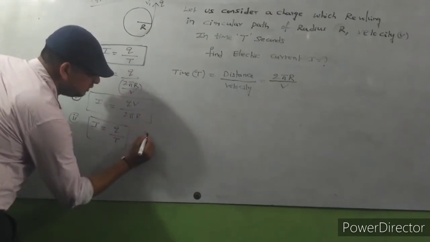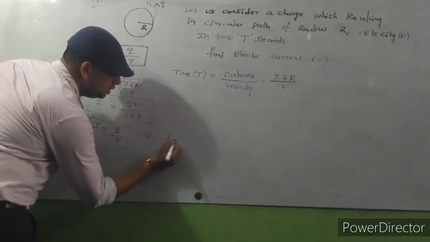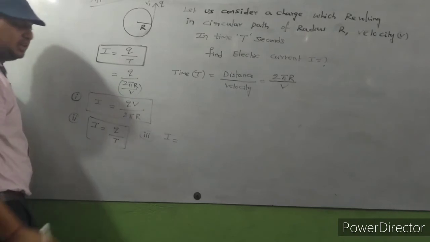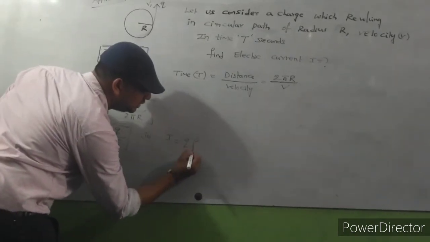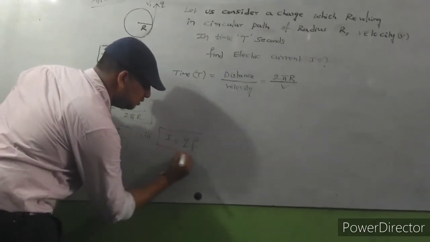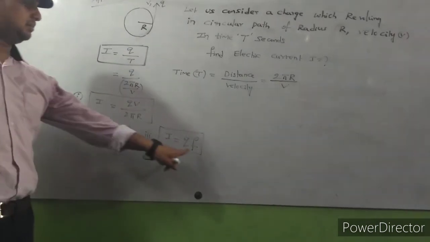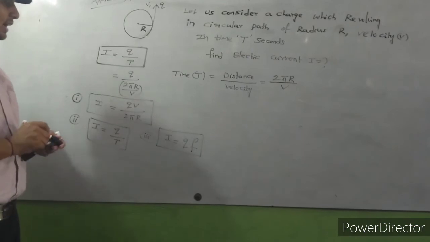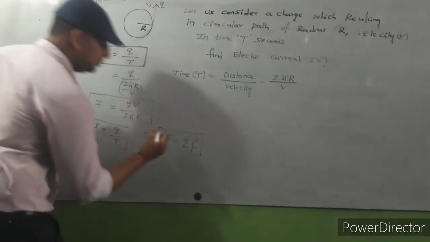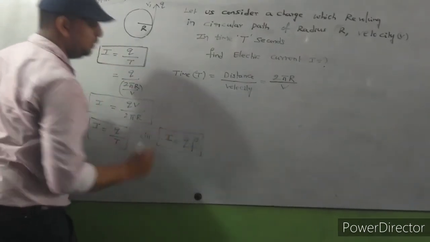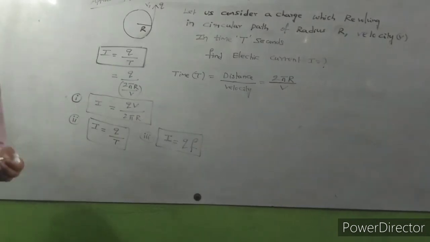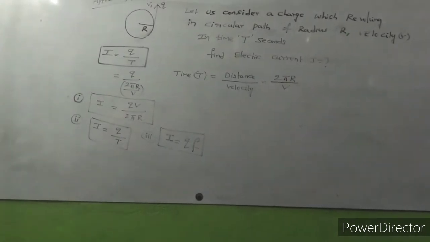And the third formula, how can we write? I is equal to q into 1 by time period, and 1 by time period is nothing but frequency. So I is equal to q into f. We can write like this also.